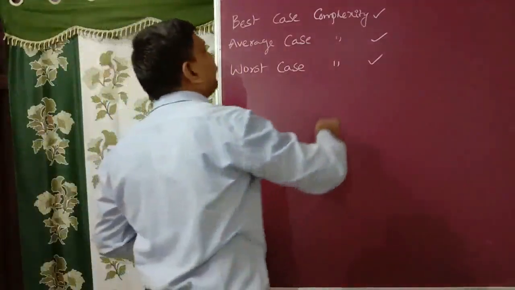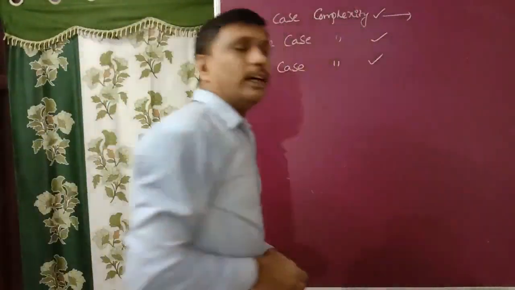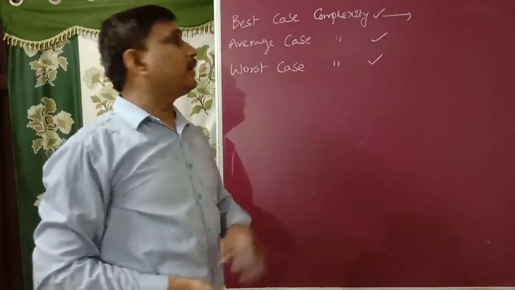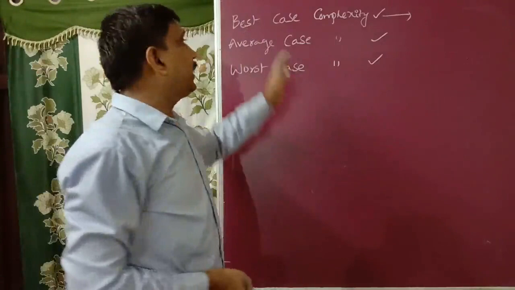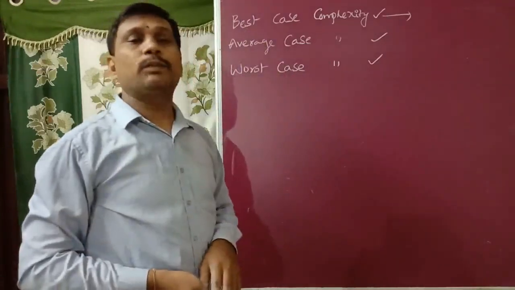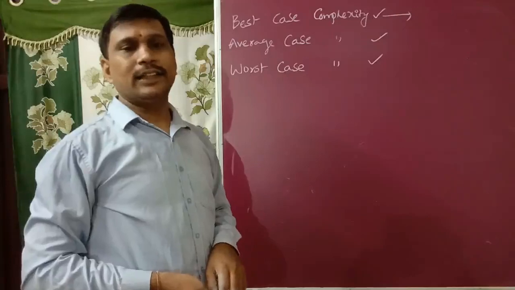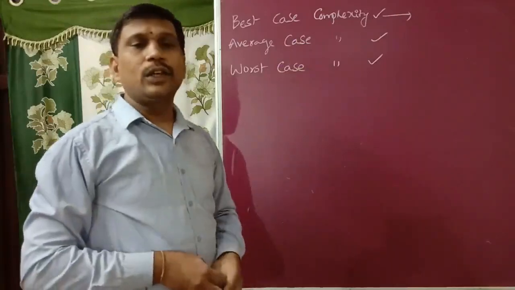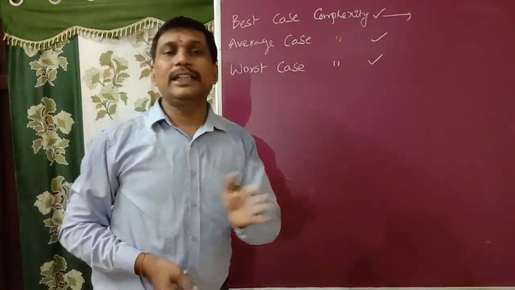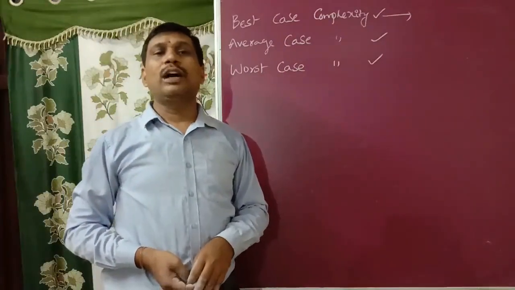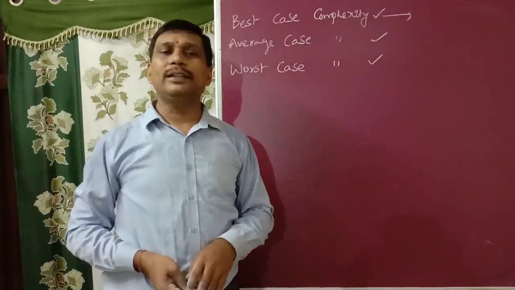Best case complexity we already discussed, and explained these three categories through one example, the linear search technique. Whether we are searching for one element in a list of elements, suppose our search element is the first element.